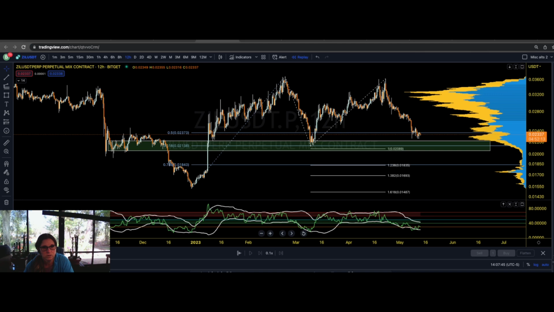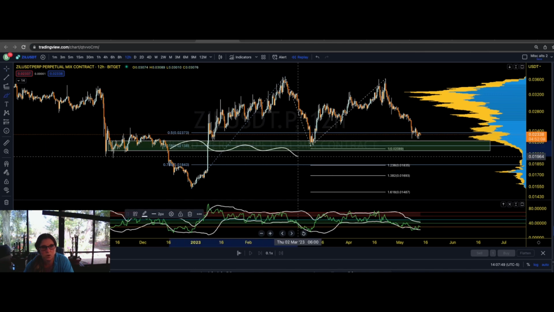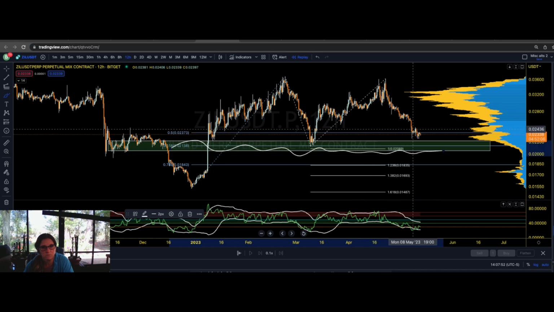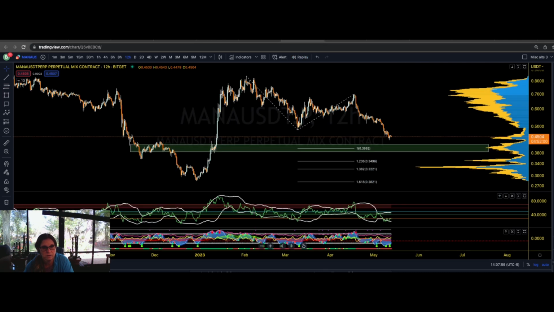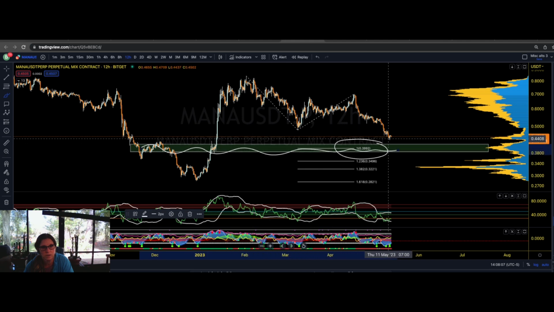Looking at ZIL, we are looking at the 618 and the 1-to-1 extension here. Same thing, it's going to put in reversal divergence. And Mana, exact same thing. We want to see it hold the 1-to-1 here, where the support is, and it will put in reversal divergence.